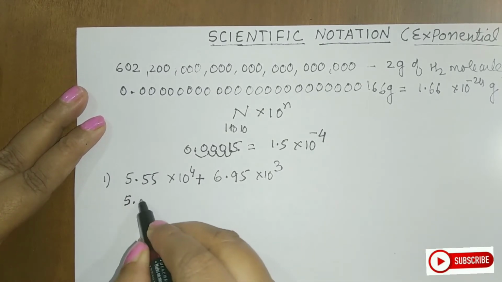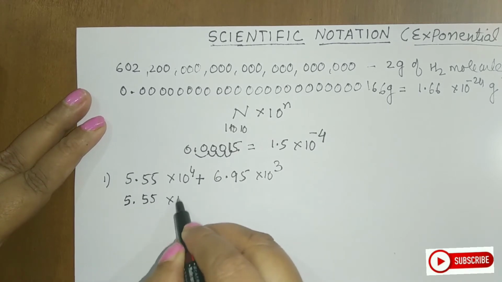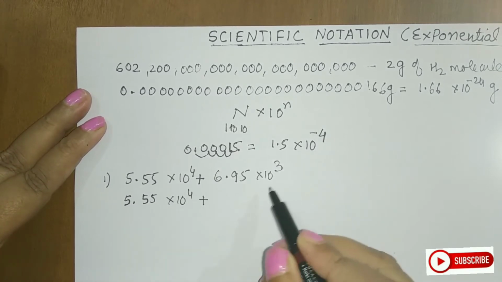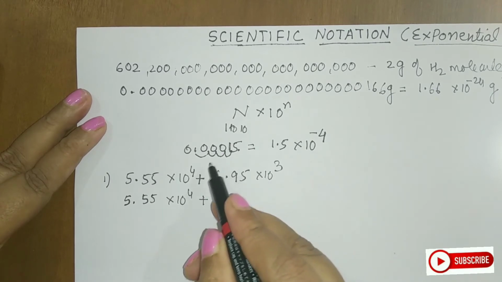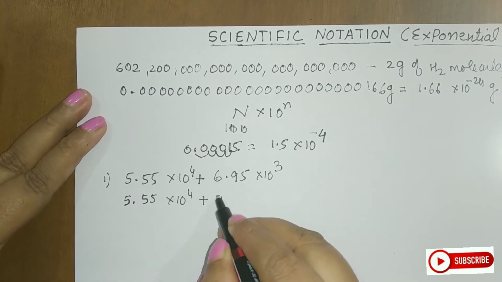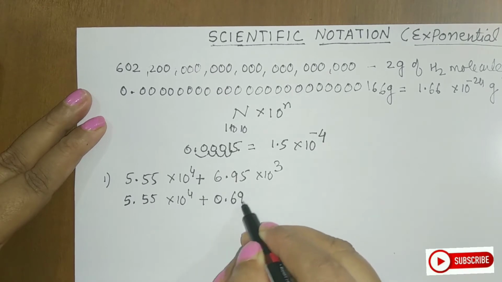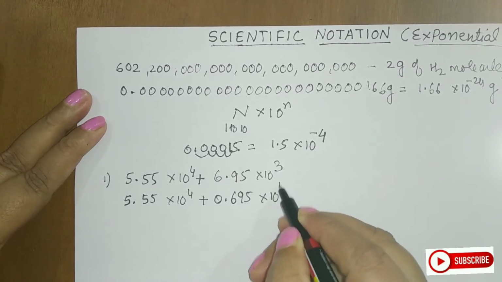So this will be 5.55 into 10 raised to 4 plus, and I will make this power also 4, so I shift the decimal to the left and it becomes 0.695 into 10 raised to 4.